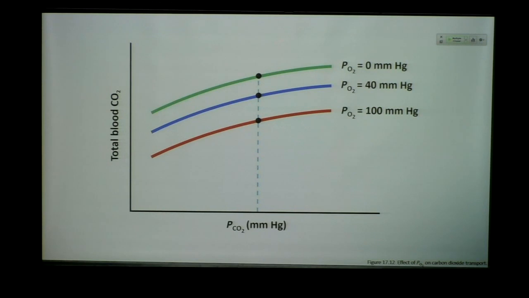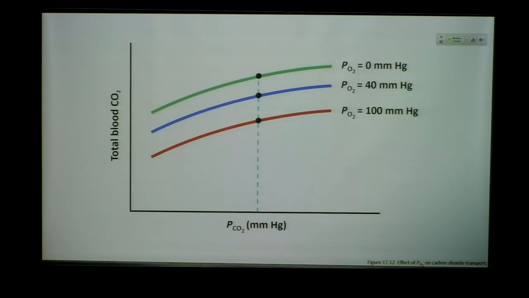So if we have no oxygen present, then we've got lots of CO2 circulating in the blood. And if we've got lots of oxygen present, then we've got little CO2 circulating in the blood. So this is really showing us that oxygen influences how much CO2 is circulating in the blood.